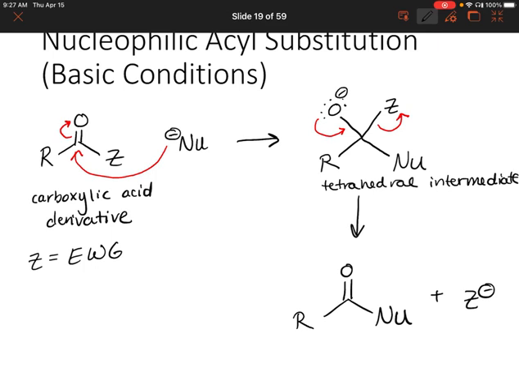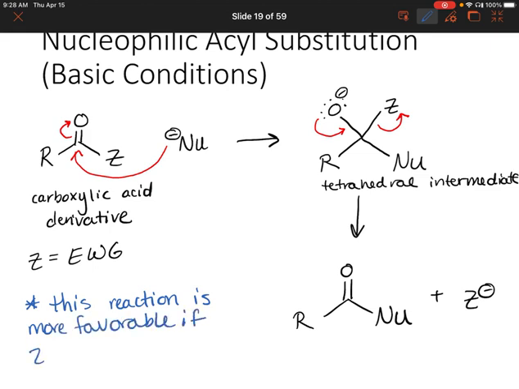Now, this reaction is going to be faster or more favorable if that Z group is a good leaving group. So let's just make a note. So this reaction is more favorable if Z is a good leaving group.